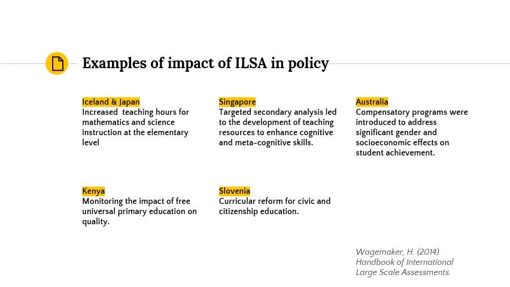In Kenya, for example, they have been used to monitor the impact of free universal primary education on the quality of education. We know that in countries where primary education is not free or universal, when they make it universal, you have a large number of people coming into the education system. These are people who were normally not included, normally the more disadvantaged, and normally people who don't perform so well in the education system.